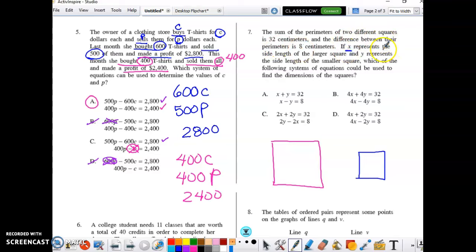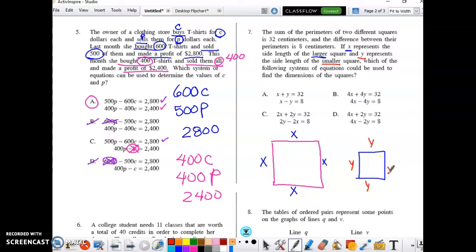X represents the side length of the larger one, so this is going to be my X. So X, X, X, X, and Y represents the side length of the smaller square. So Y, Y, Y, Y.